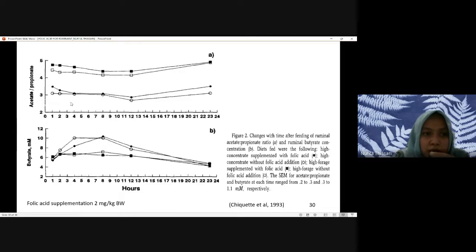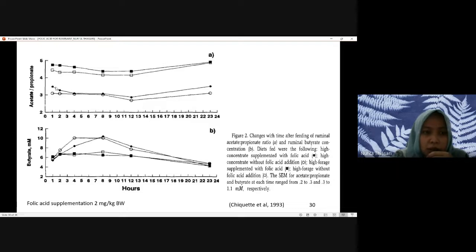And this figure is about the ratio of acetate and propionate. The black square is the high forage with the supplementation of folic acid. It seems the ratio of acetate and propionate is slightly higher compared to without the addition of folic acid.